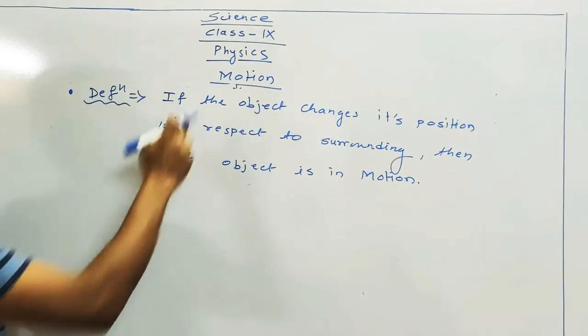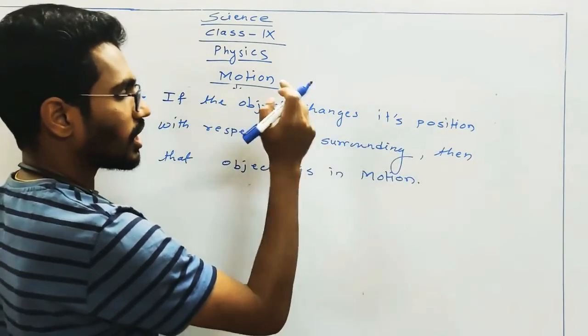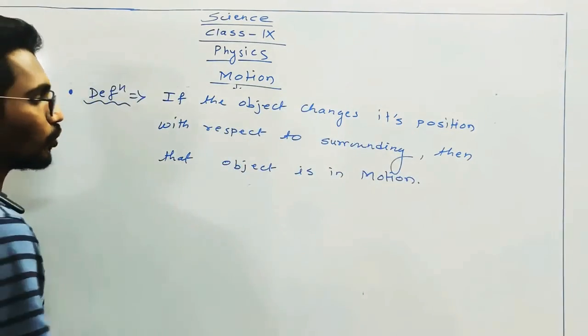So this must be the definition for motion. If the object changes its position with respect to surrounding, then that object is in motion.